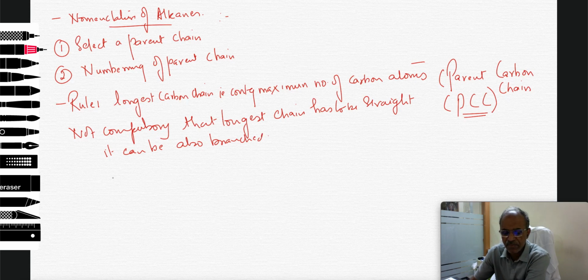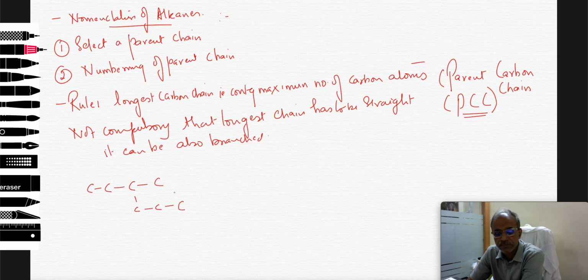For example, take C, C, C, C. So the longest carbon chain, maximum number of carbon atoms.